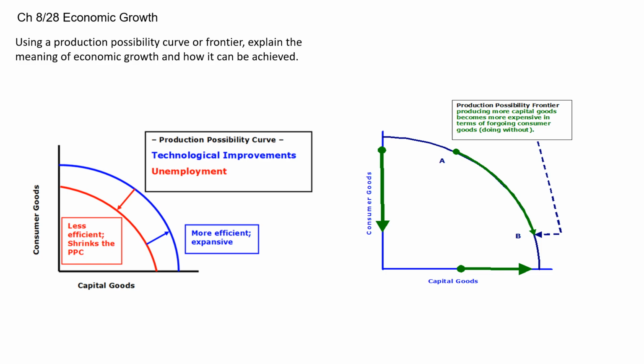Remember, you can't go beyond your production possibility curve. However, you can push that production possibility curve outward by increasing your productive resource mix somehow, some way.